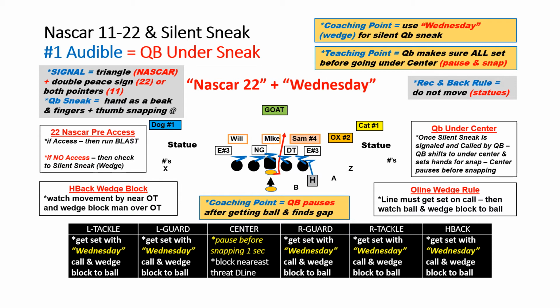Again, if there's no one over the center and if we like that play, the quarterback and signaler can go ahead and check to our Wednesday call, which puts us in a wedge quarterback sneak. The quarterback will then, Wednesday is the cue word, go up under center, and we're off on our silent sneak, which is our core under center sneak.